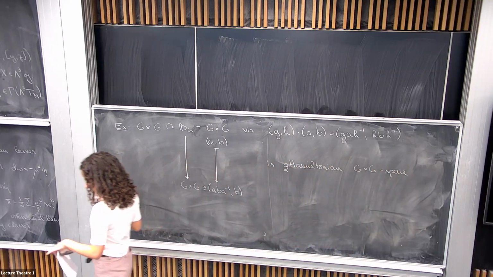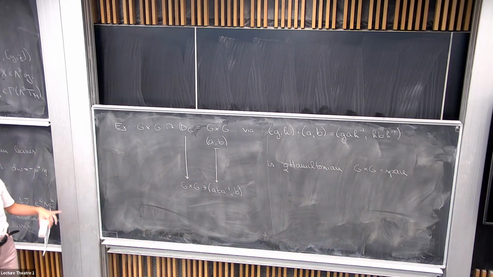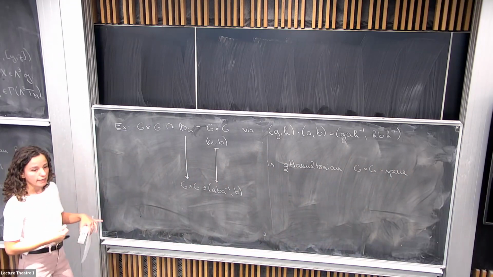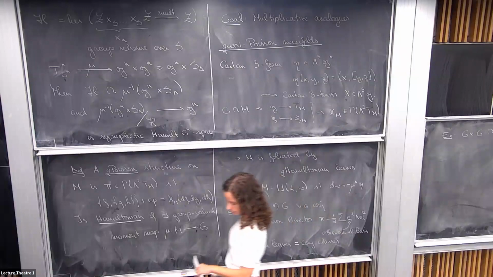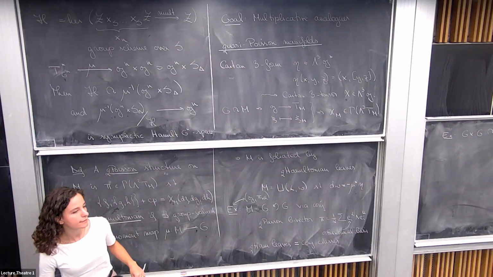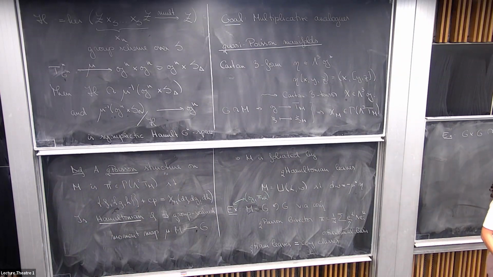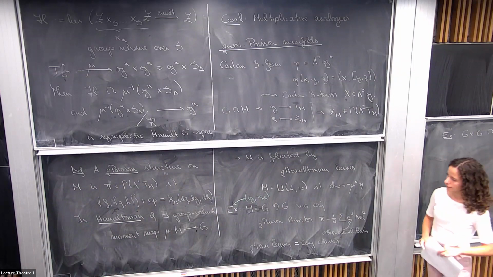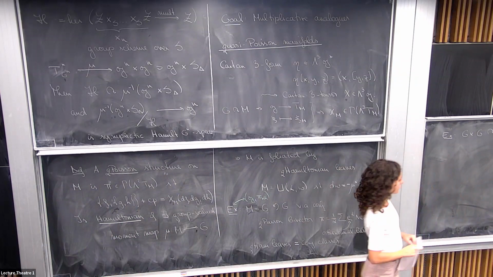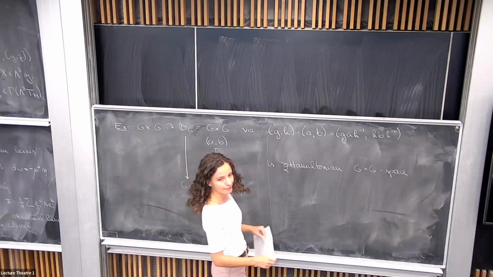And what you should view this as is a multiplicative analog of the cotangent bundle of the group G. Just to make sure I got the terminology here, in order to be quasi-Hamiltonian, you have to be Hamiltonian plus only one quasi-Hamiltonian leaf? Yes, exactly. Quasi-Hamiltonian is much stronger than Hamiltonian.